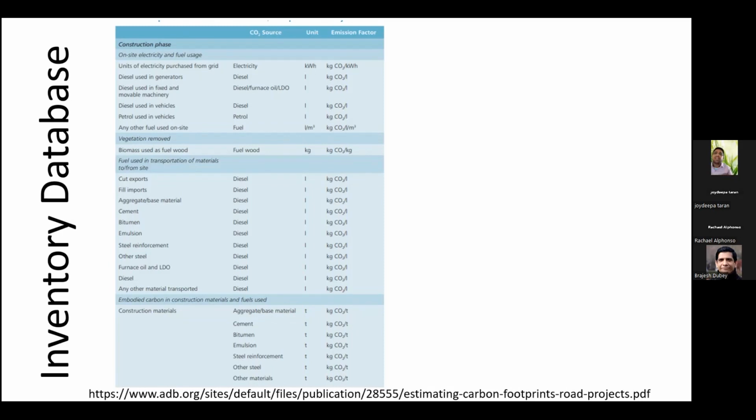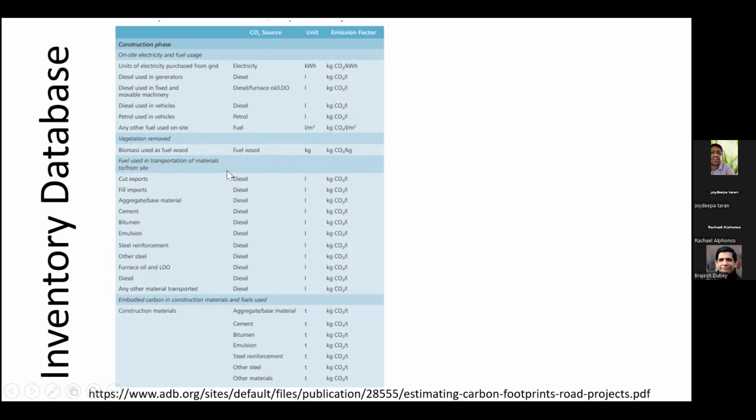So all the reports which are there are conducted with the real-time data that is available from the national highway projects. Similarly, the vegetation that has been removed is used as biomass fuel wood. So for fuel wood in kgs, the emission factor will be in kg carbon dioxide per kg. Similarly, there is fuel used in transportation of the materials.